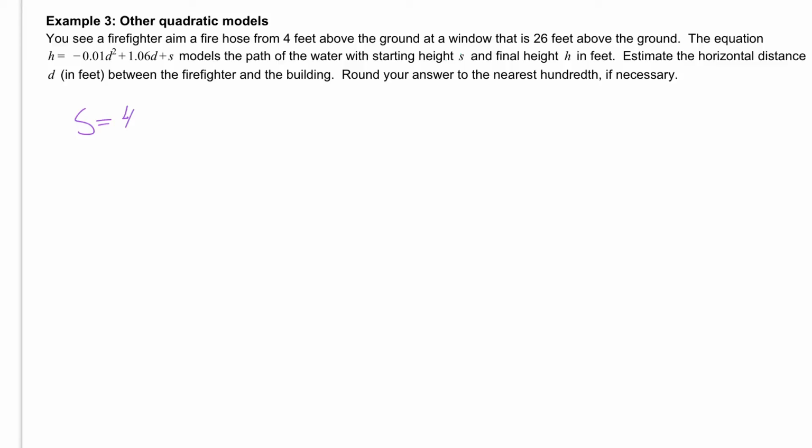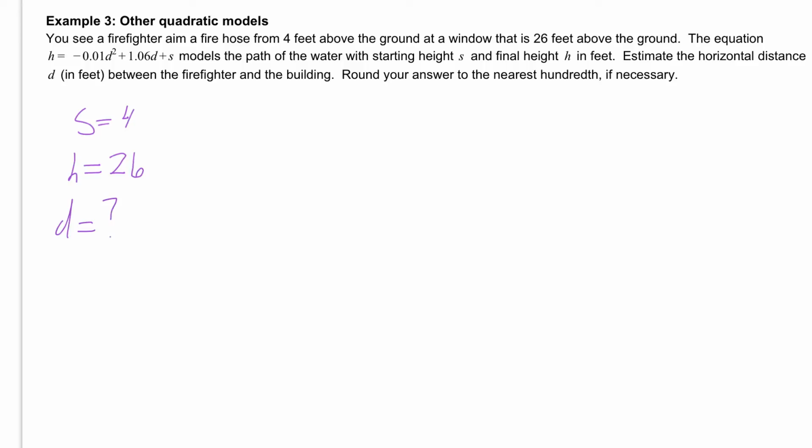Then it says we're aiming it at a window that is 26 feet above the ground. So the final height where we want that water to end up is 26 feet. So our final height, h, is 26. And we're looking to find the horizontal distance, which is d. So d is the variable we want to solve for, our question mark.